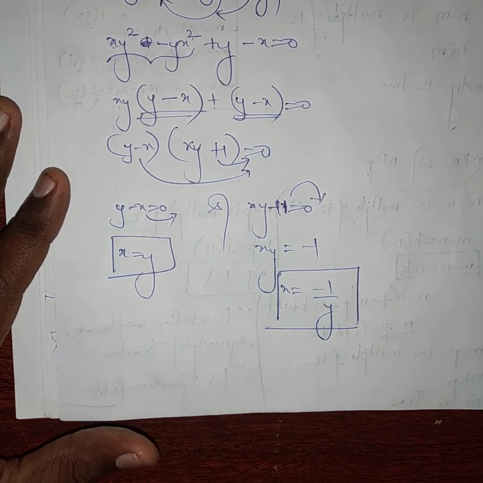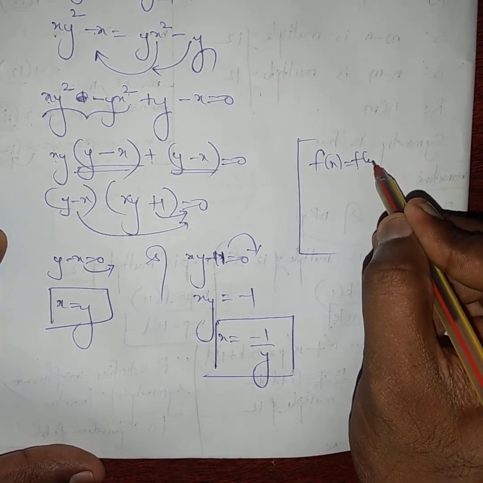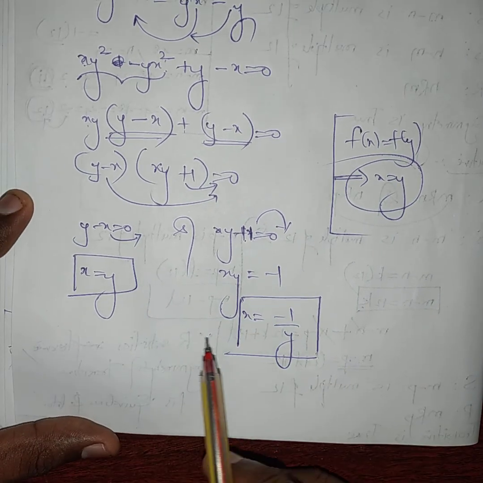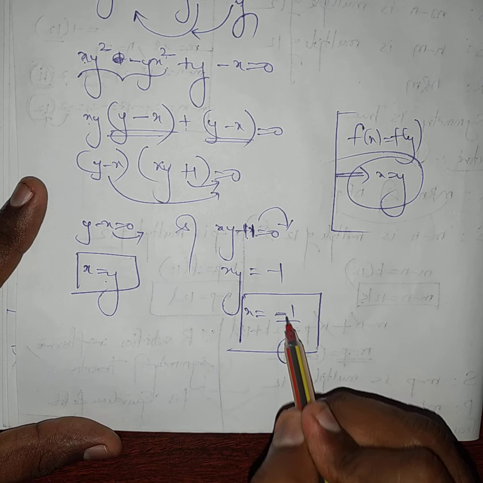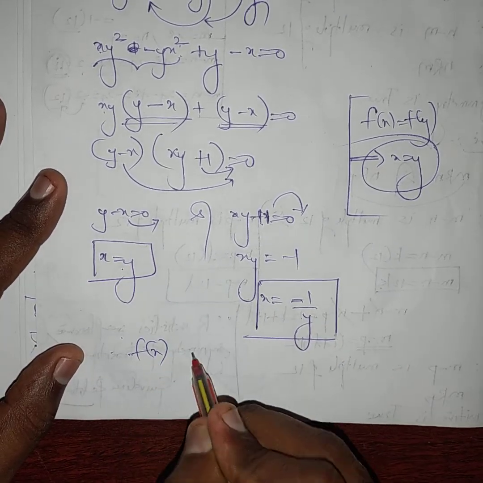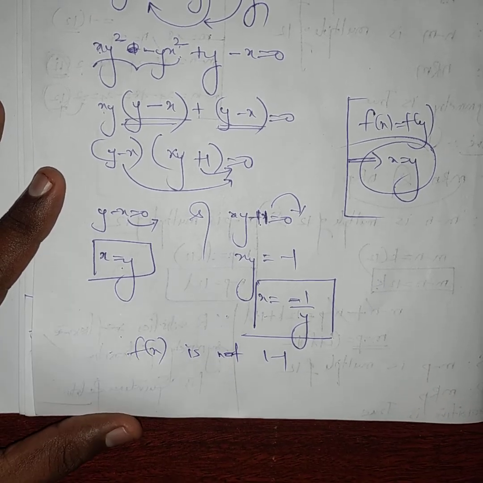What we need to get, if I apply f of x equal to f of y, is x equal to y only. But what is the problem here? Along with x equal to y, we have got x equal to minus 1 by y. As we have got two answers, therefore f of x is not 1 to 1.